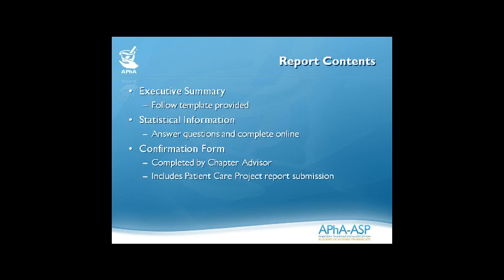However, within the reporting guidelines, you will see all of the questions that you're going to be asked to complete online. There are going to be questions about your chapter structure, your school structure, as well as some of the major membership activities that you participate in, and your chapter communications.